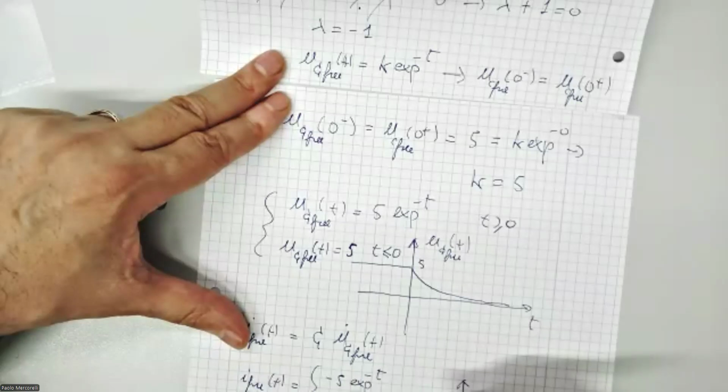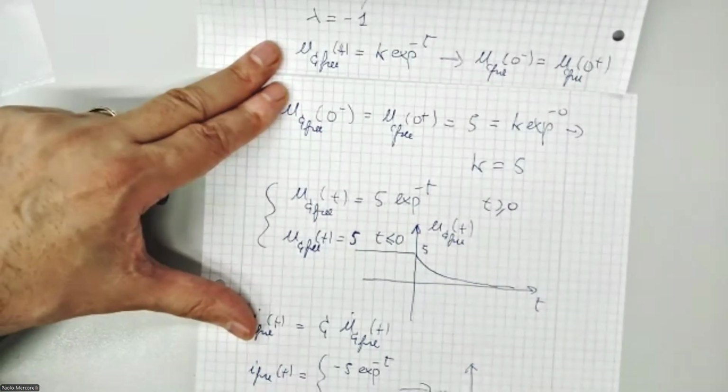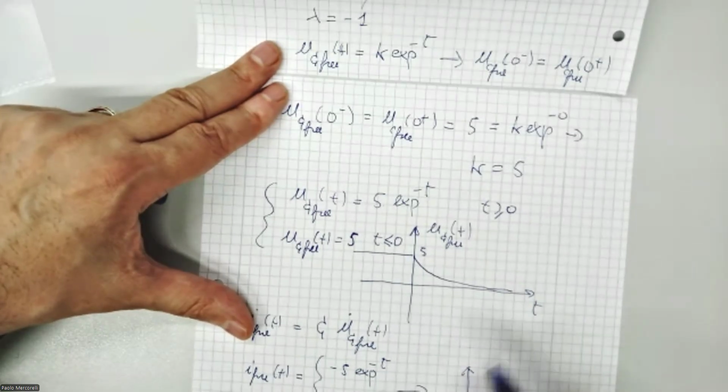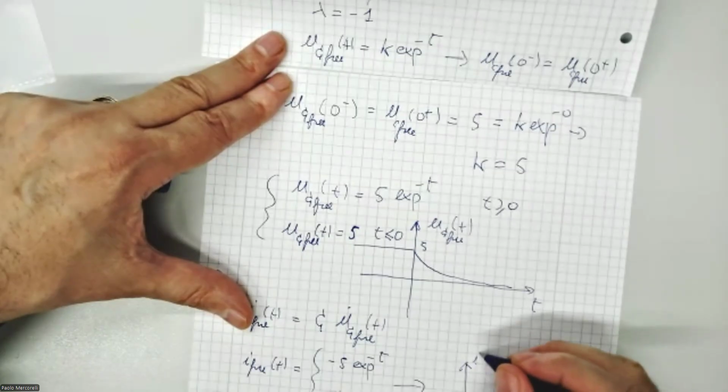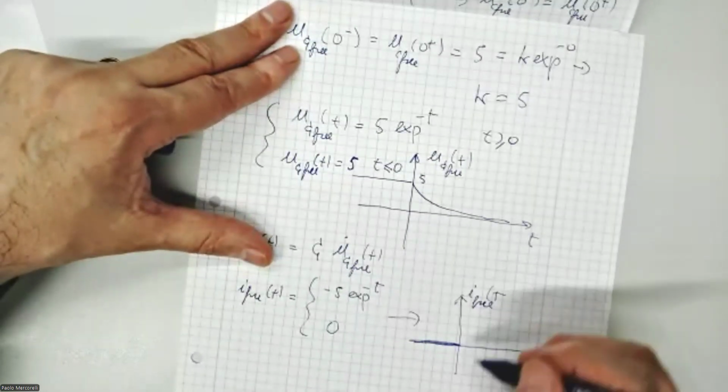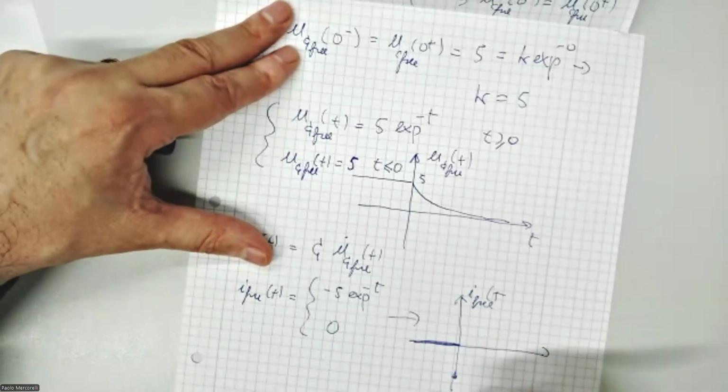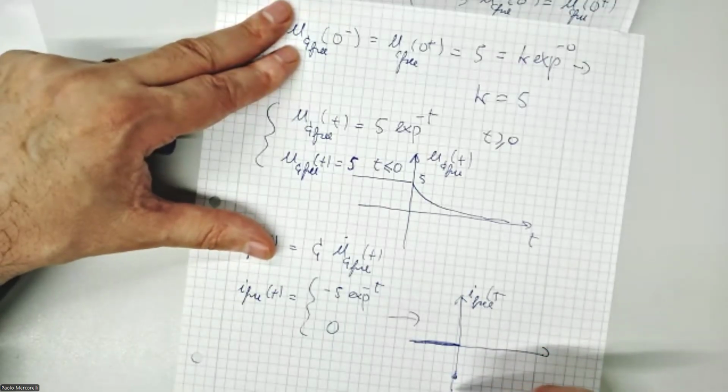Now we can understand a little bit better what happens, because here we have 0 for the current E free, and then starting from minus 5 ampere, we have this.